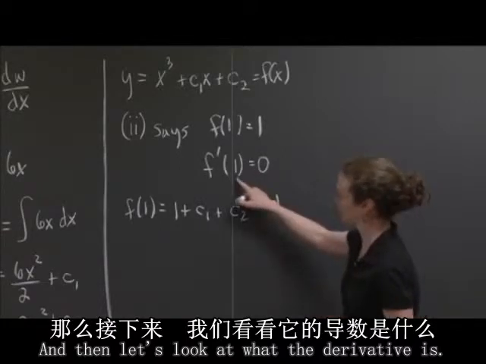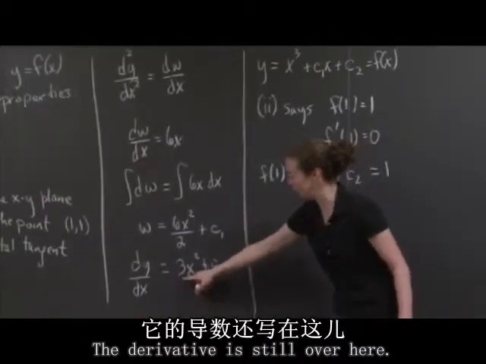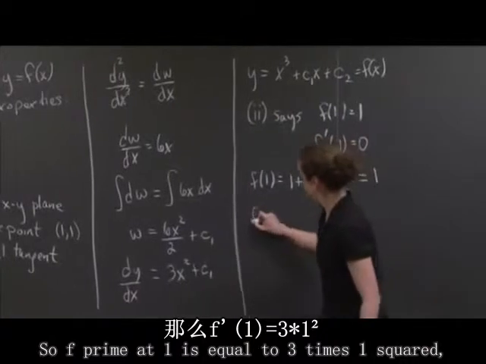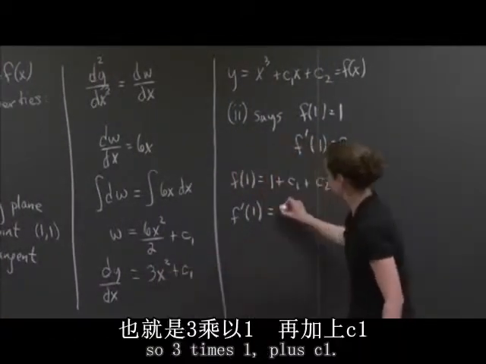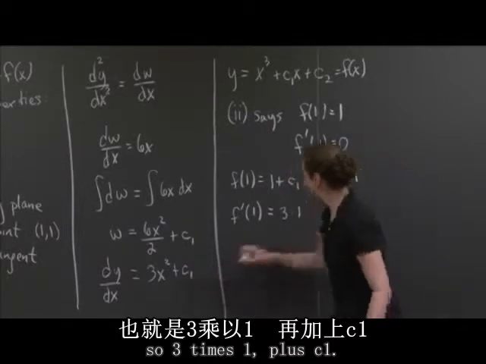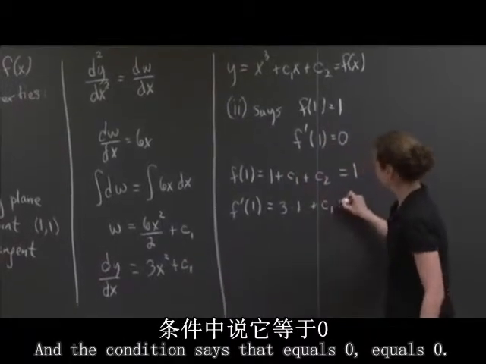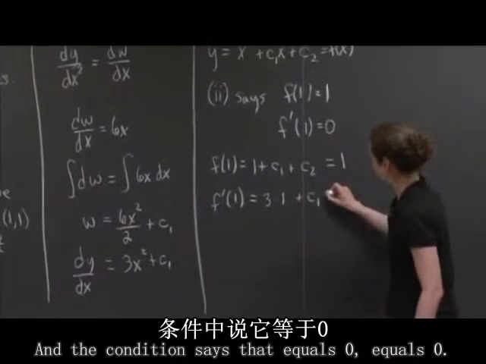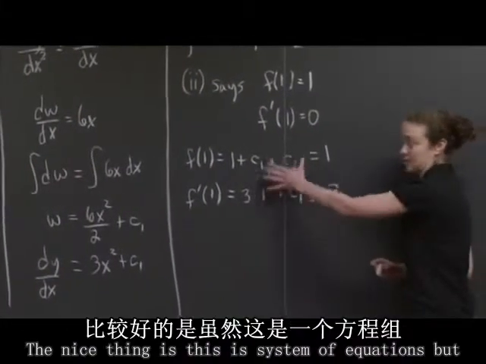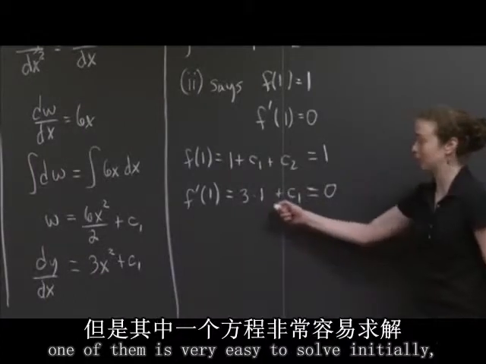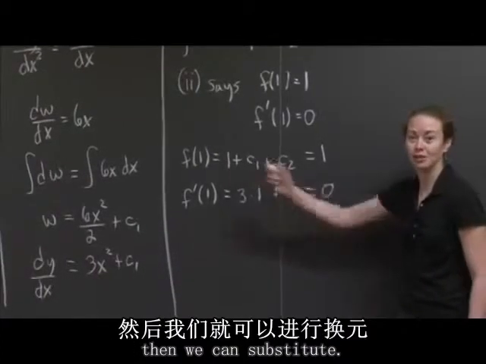And then let's look at the derivative. f prime at 1 is equal to 3 times 1 squared, so 3 times 1, plus c1. And the condition says that equals 0. The nice thing is this is a system of equations, but one of them is very easy to solve initially, then we can substitute.